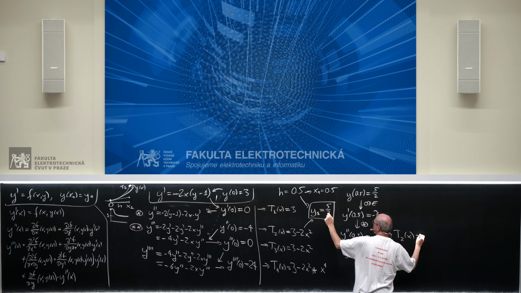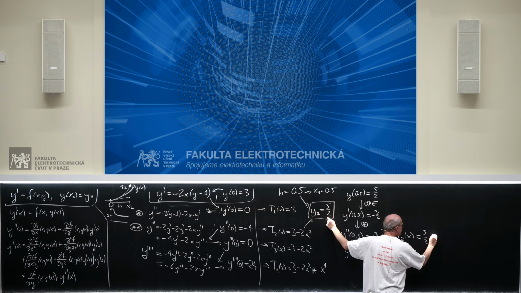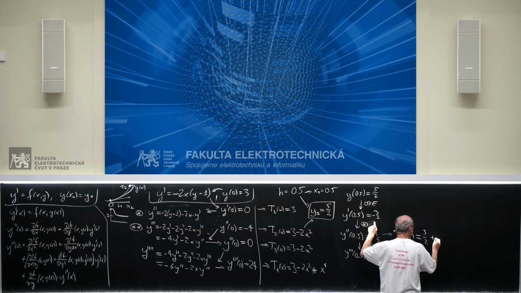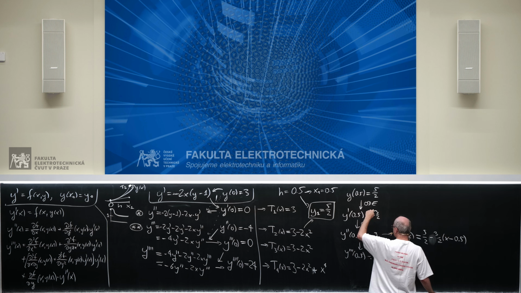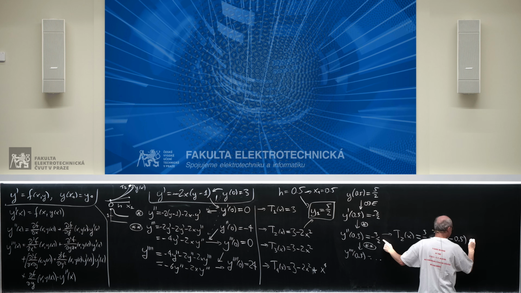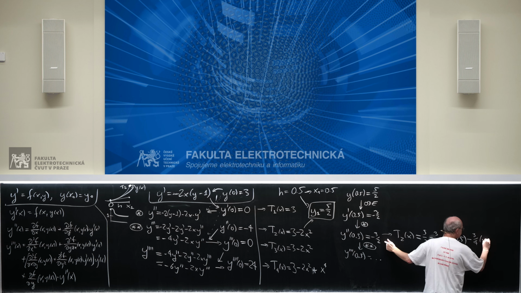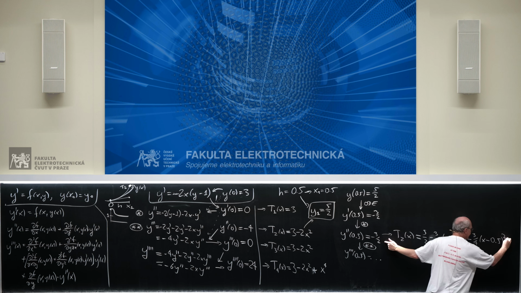T2(x) will be the starting value, 5/2, plus the linear term, which is actually minus, okay, minus 3/2, and I have to be careful, x minus 0.5, and then there will be the quadratic term, so again minus 3/2 divided by 2 factorial, this is 3/4, x minus 0.5 squared.